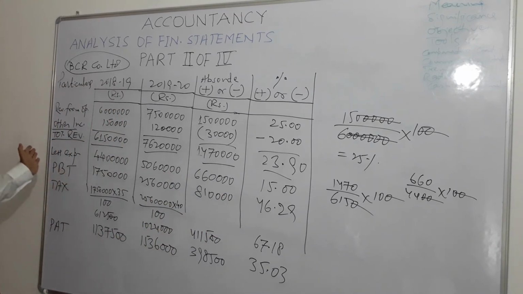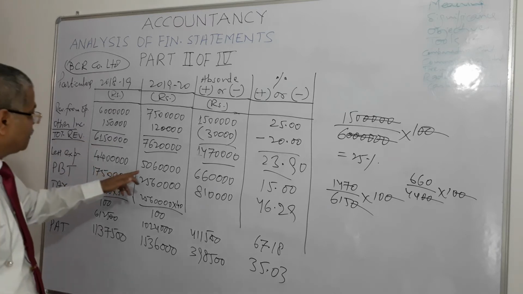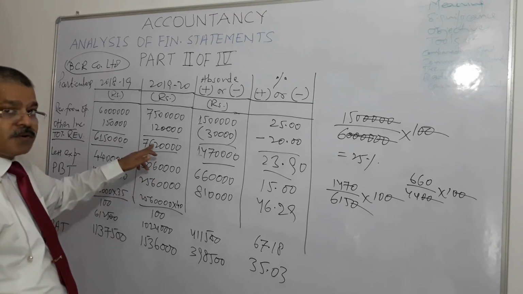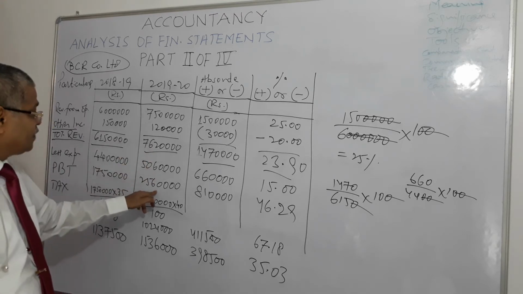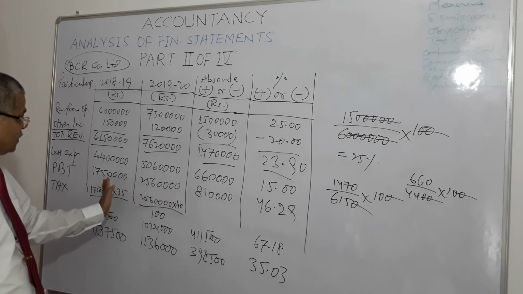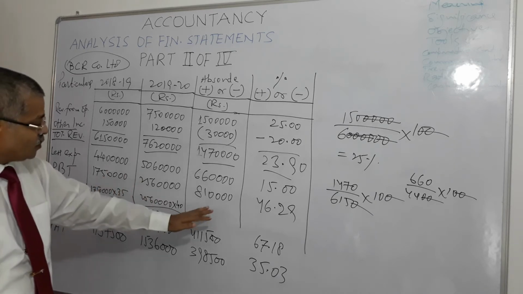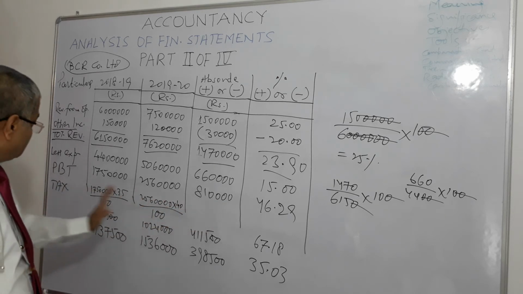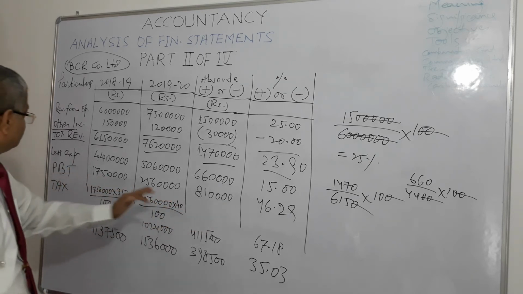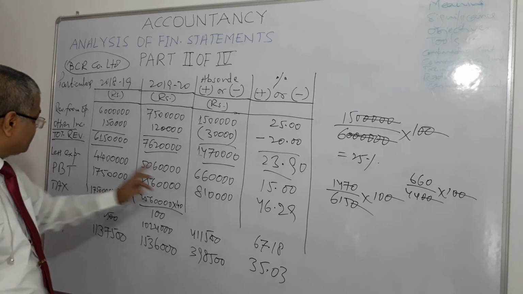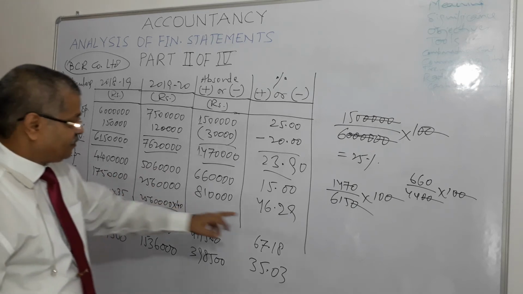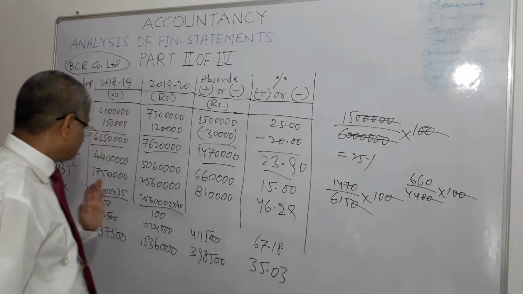When we deduct expenses from total revenue, we get profit before tax. Deducting 44 lakhs from 6150, we get 1750, and 50,60,000 from 7620, we get 2560. There is an increase of 8,10,000 in profit before tax, and 8,10,000 as a percentage of 17,50,000 is 46.29%.